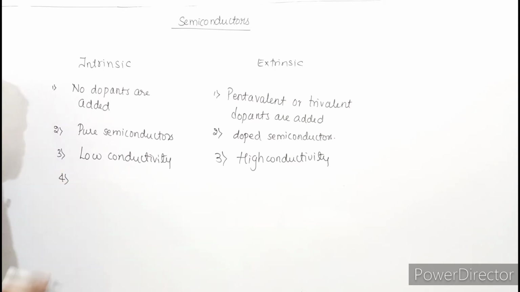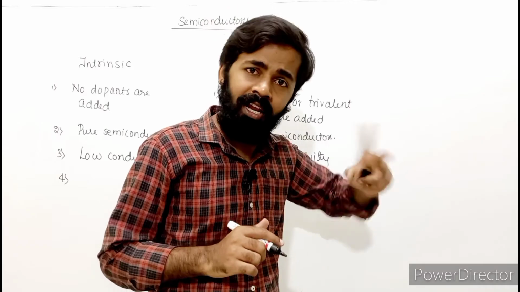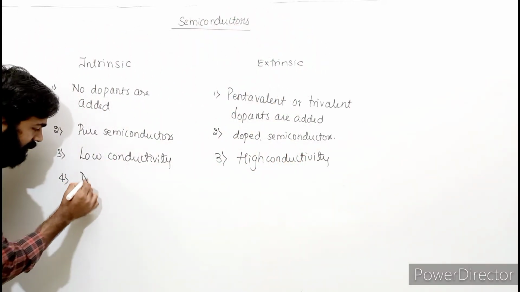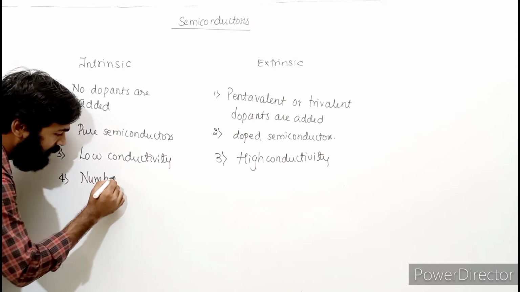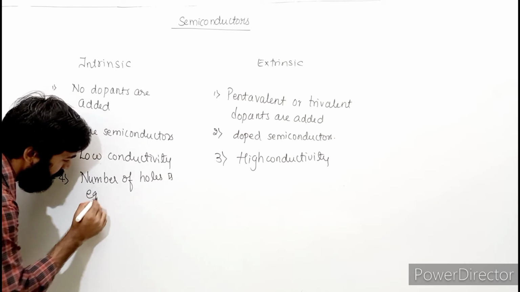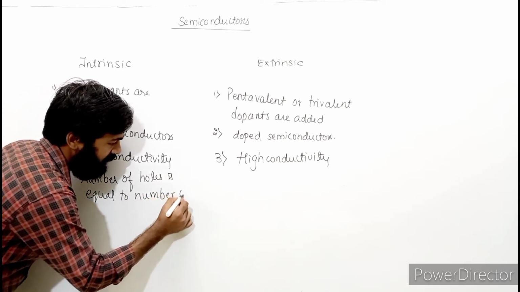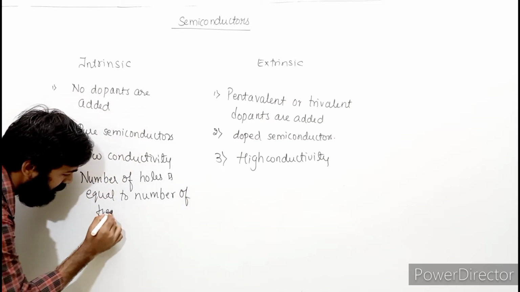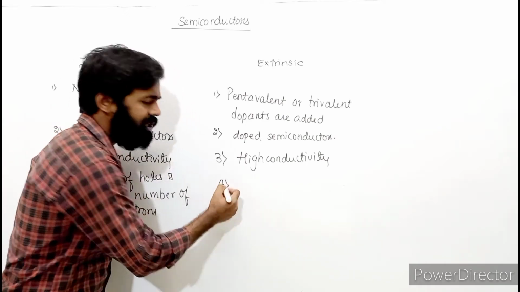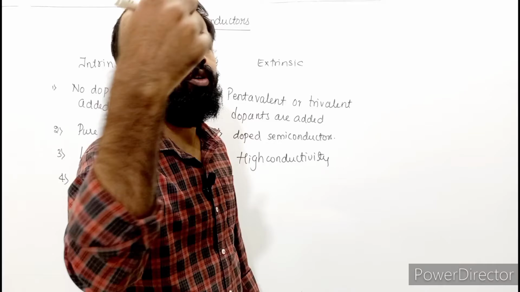Now what about here? Here the number of holes and the number of free electrons are equal. Number of holes is equal to number of free electrons. Now in case of N-type, free electrons were more in number.